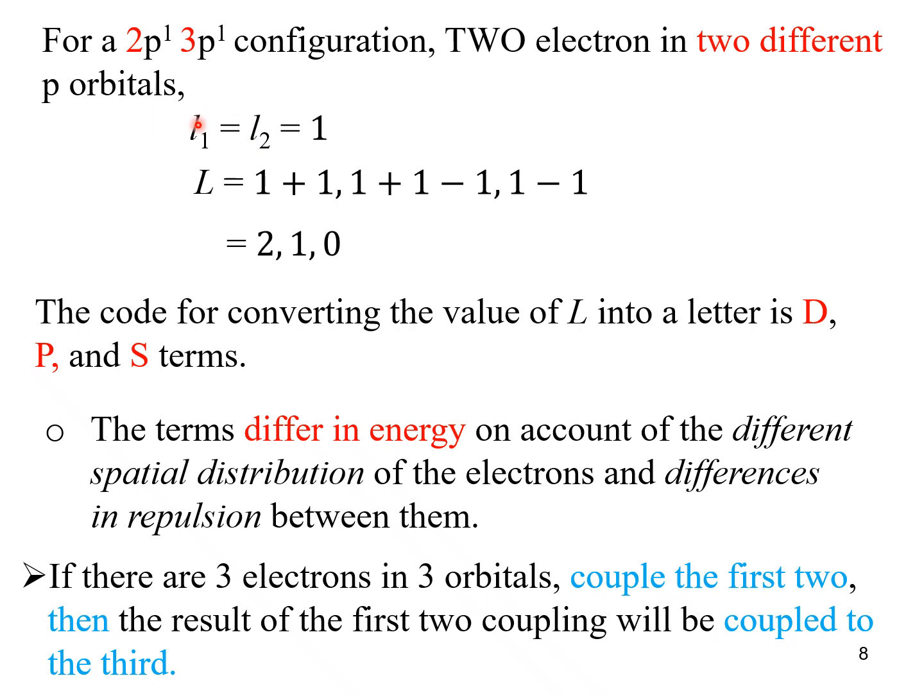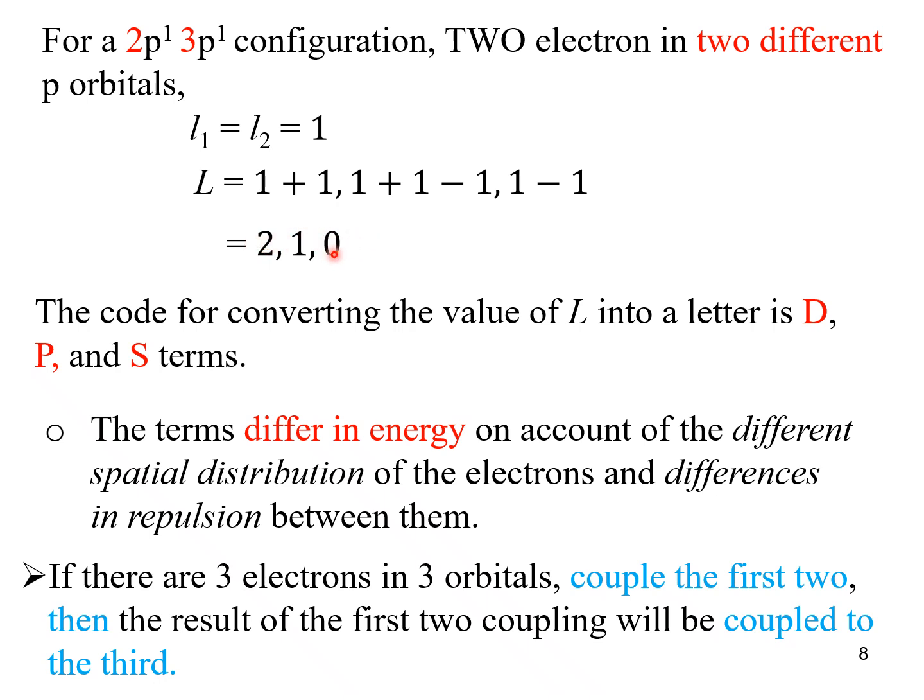Therefore, we can find the total orbital angular momentum quantum number for both electrons, with the maximum value equal to 1 plus 1 and the minimum value equal to 1 minus 1. Therefore, the range is between 2 and 0.